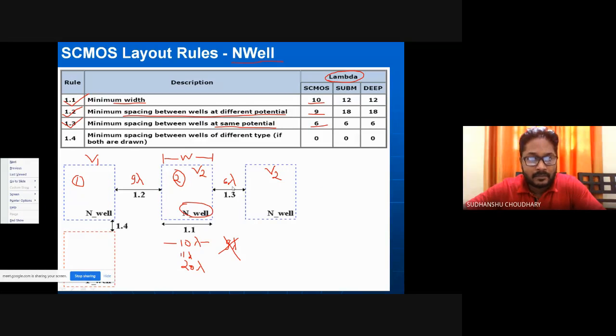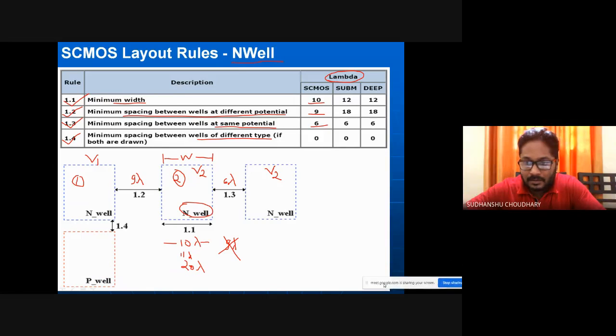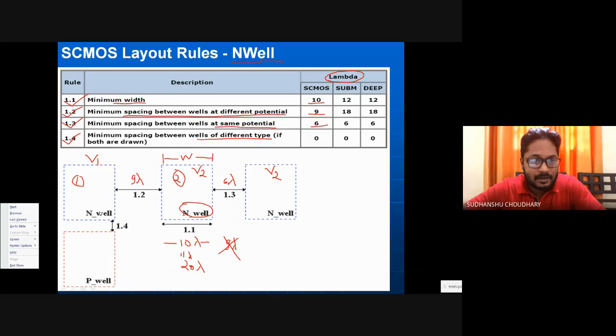Similarly, another rule says minimum spacing between wells of different type. I may have an N well in my IC, and also I may have a P well. Now minimum spacing between wells of different type, that is N well and P well, can be 0.